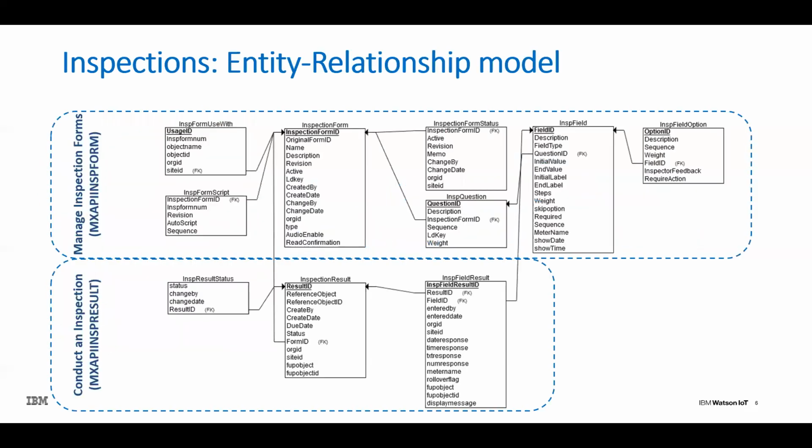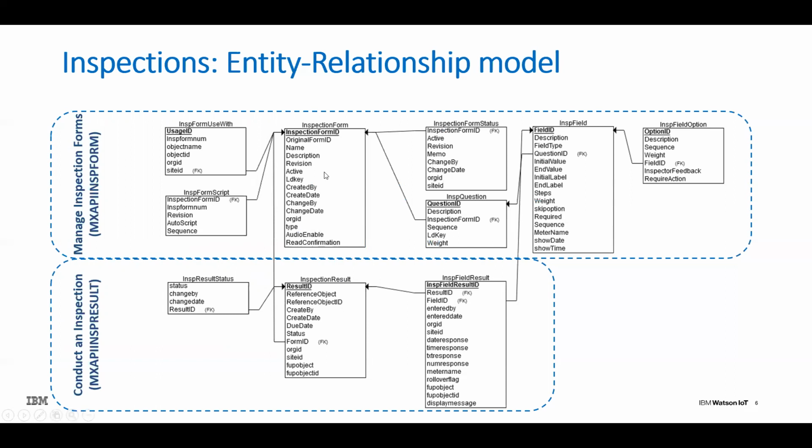So quickly, how things work behind the scenes on the new inspection module. We have the manage inspection forms application that we won't really be touching at any point for this implementation. But then we have the conduct inspection application, where we are going to create a pending inspection to be executed.